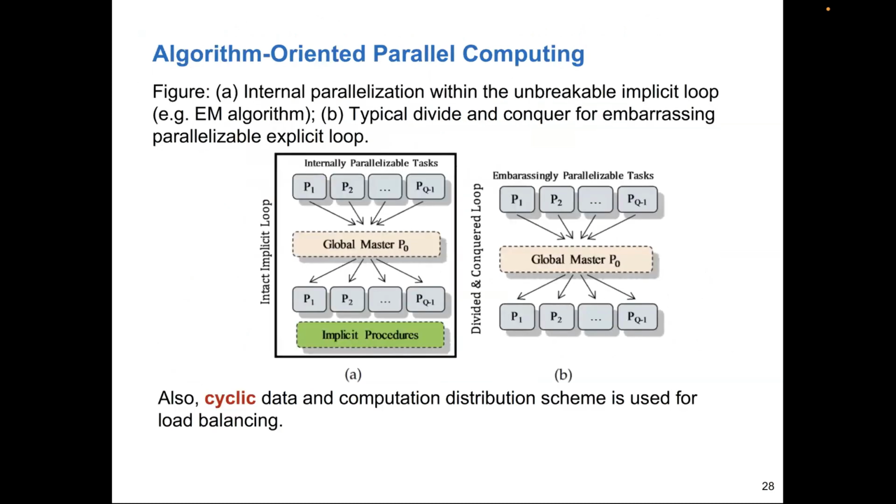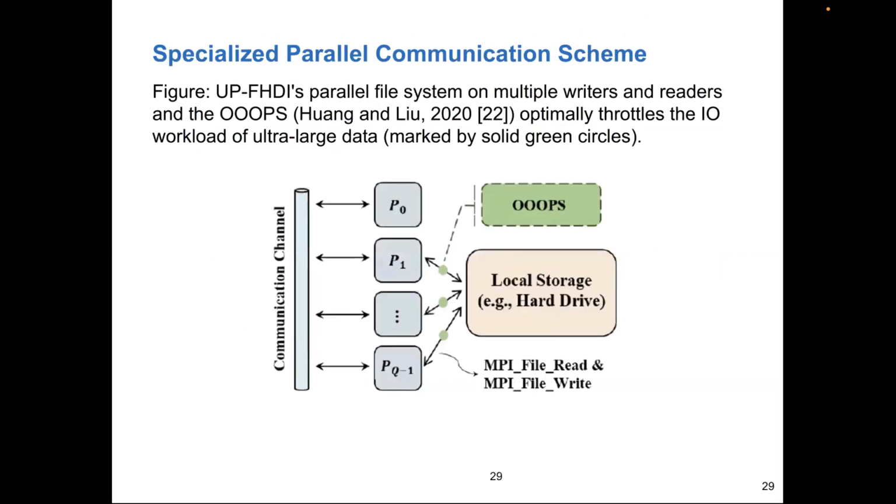Depending on the algorithm, we use various parallel schemes such as divide and conquer and cyclic approaches. We also found that we cannot use memory only because the data is now very big, so we inevitably use hard drive data transfer. We found that the OOPS library works very well.